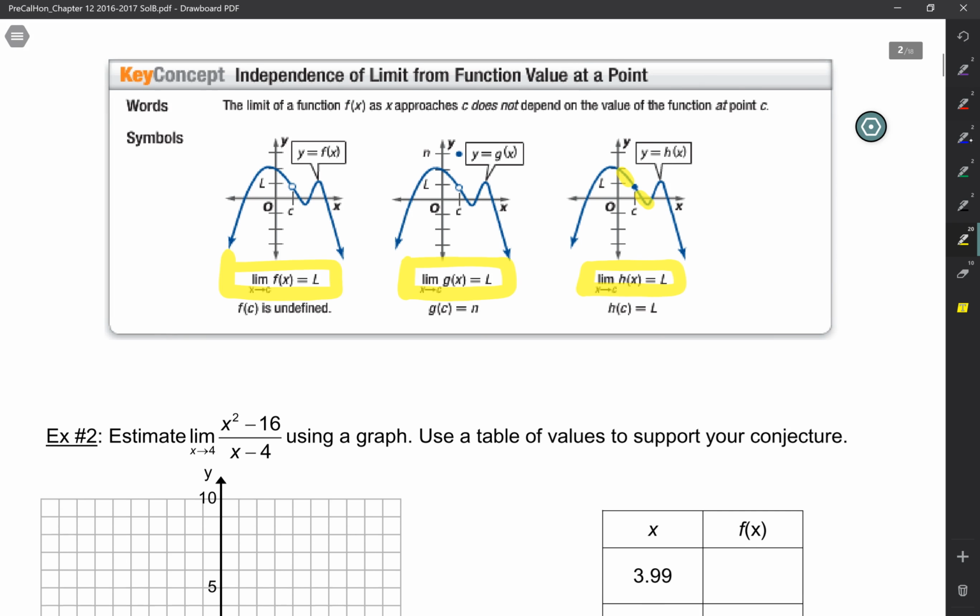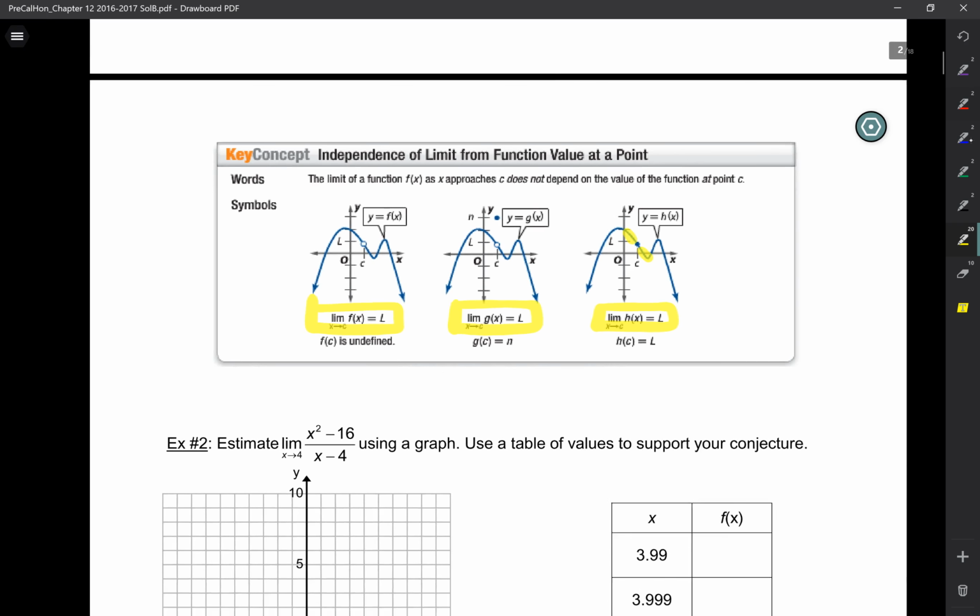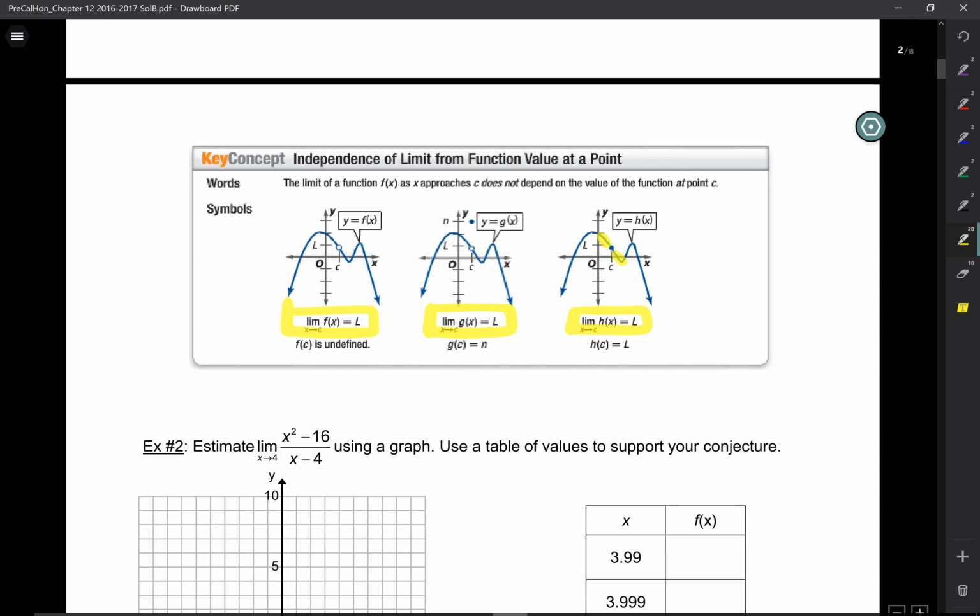Now, let's talk about the actual value at c, okay? So take a look at this. If I have an x and y axis here, and here is x equals 2.